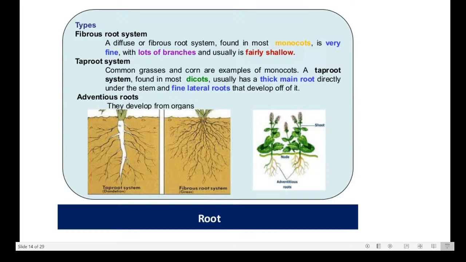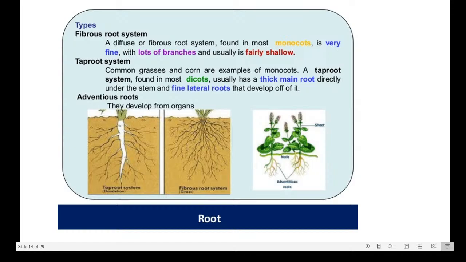After identifying dicot or monocot, we need to go with the root system, whether it is a thick or a thin one. If it is a monocot, it has a lot of very fine branches, and they are fairly shallow.